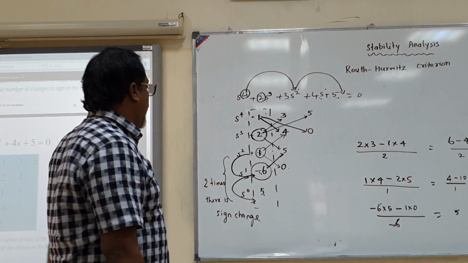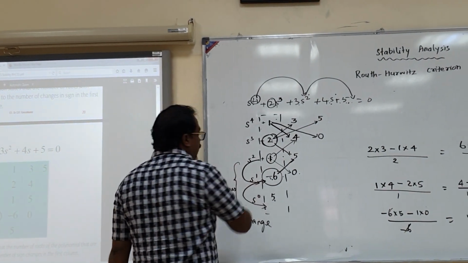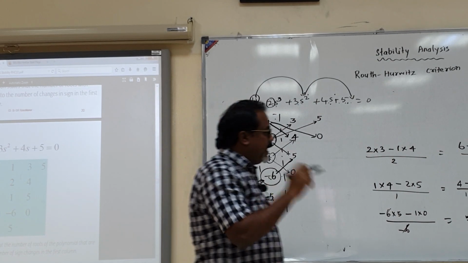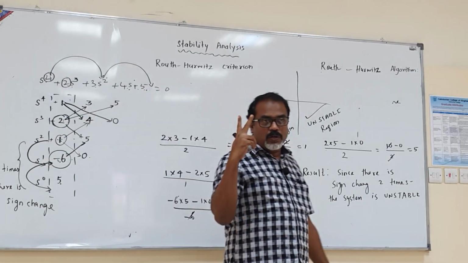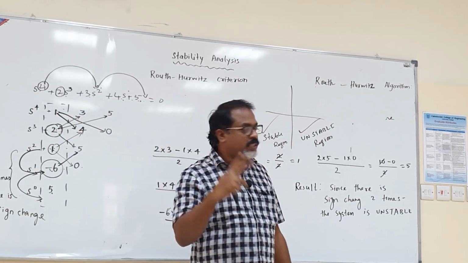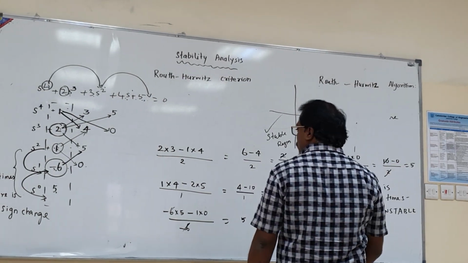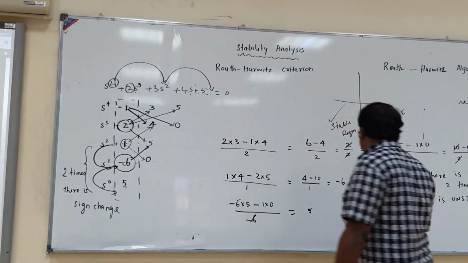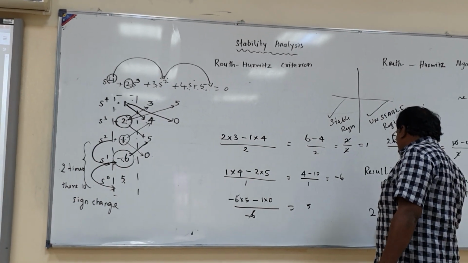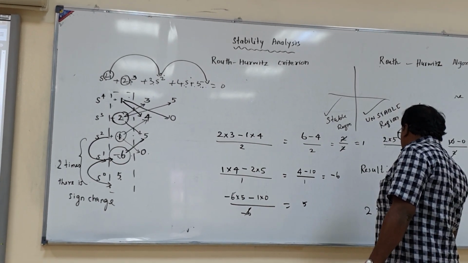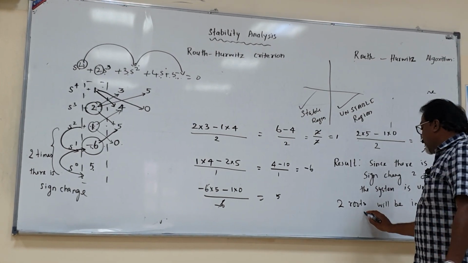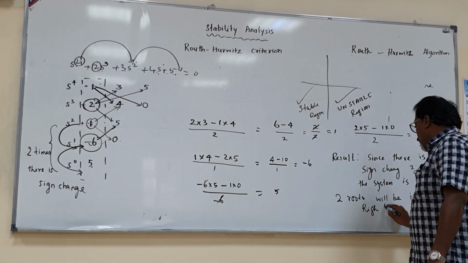You can easily find it out. How many times sign changes happen in the first column of the Routh array, then you can say these 2 roots are lying in the right half of the S-plane. Why? Because 2 times there is a sign change. Definitely 2 roots will be in the right half of the S-plane.